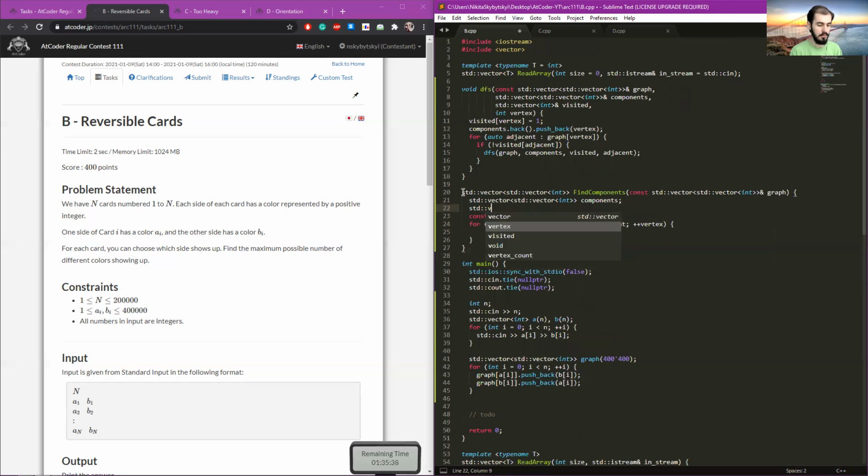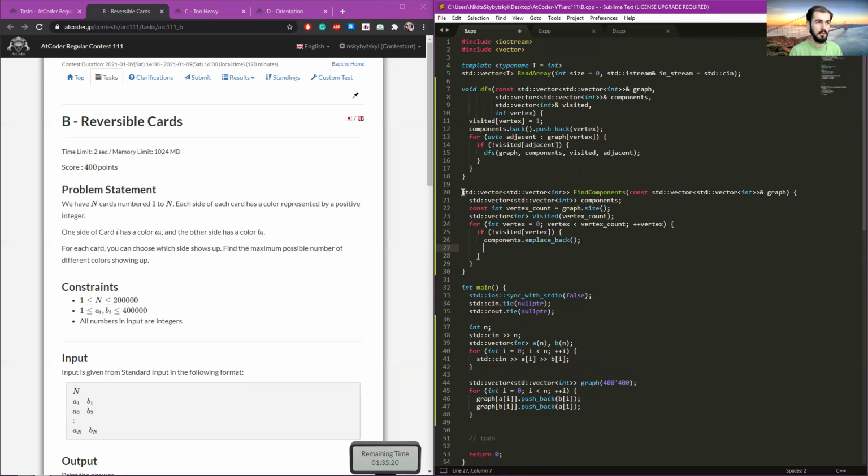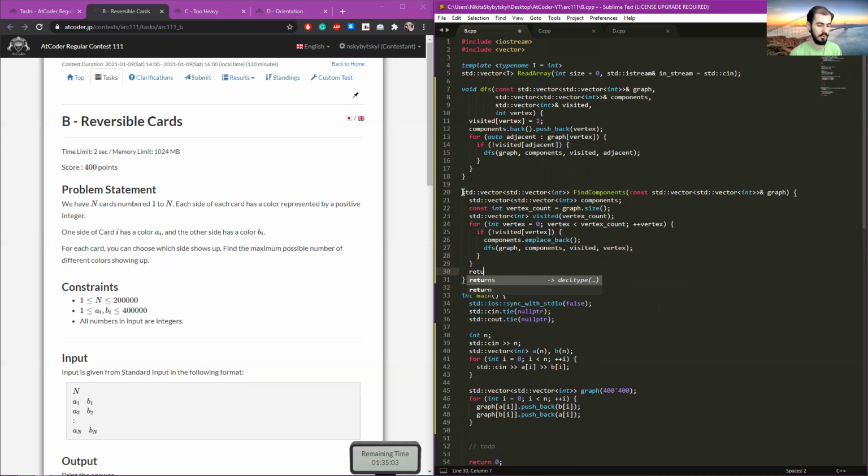Also, I believe we would like to have a vector visited. If not visited at the current vertex, then we create a new component and run DFS from graph, components, visited and vertex. I think like so. And then I can return components.